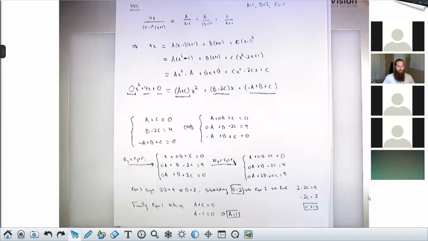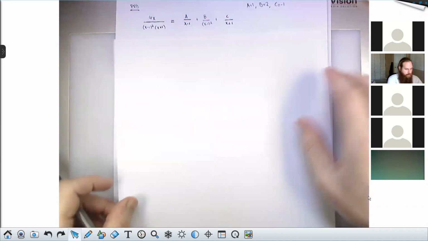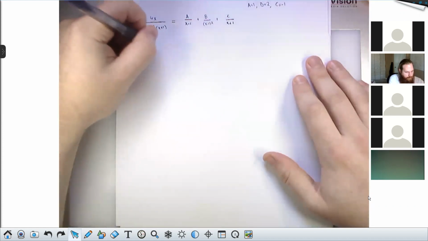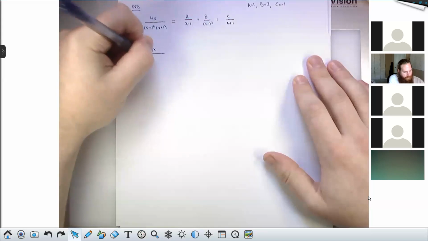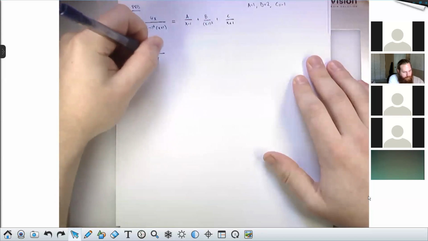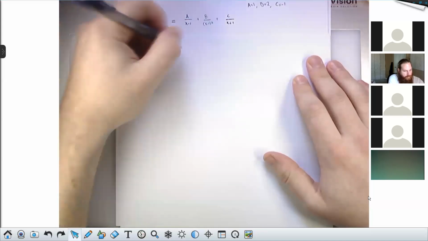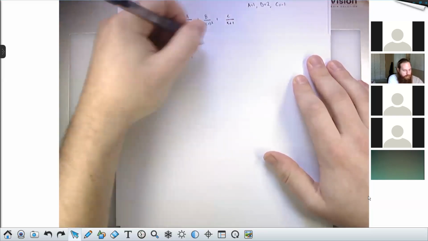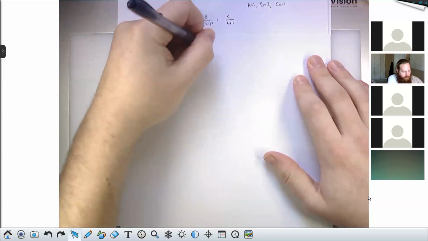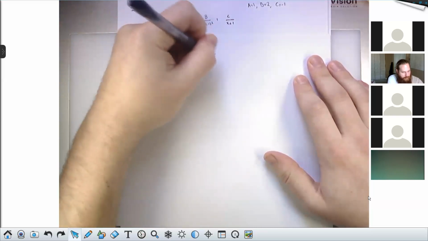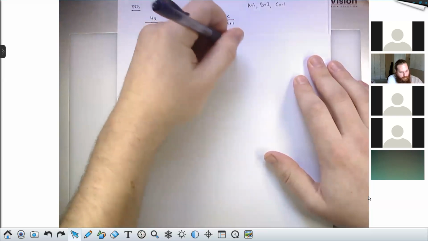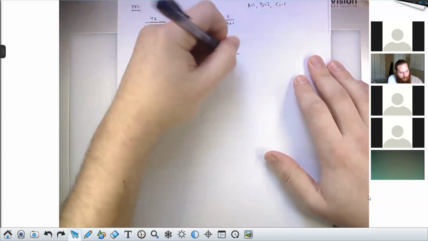So I'm going to come back up here and say, okay, 4x over (x minus 1) squared times (x plus 1) is equal to 1 over (x minus 1) plus 2 over (x minus 1) squared plus negative 1 over (x plus 1).